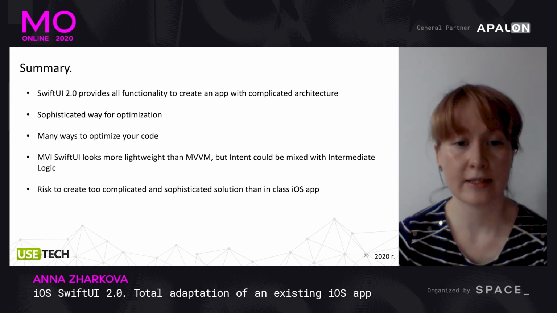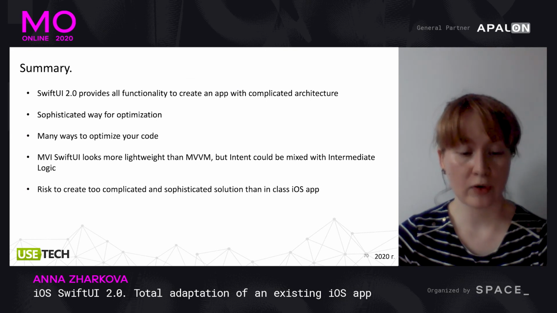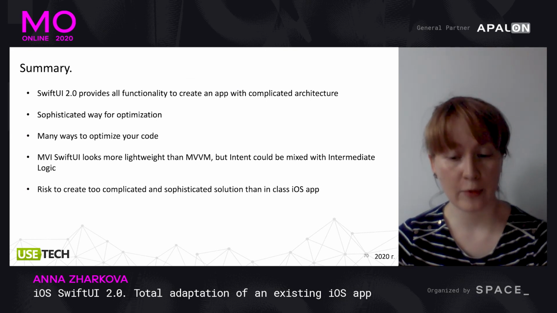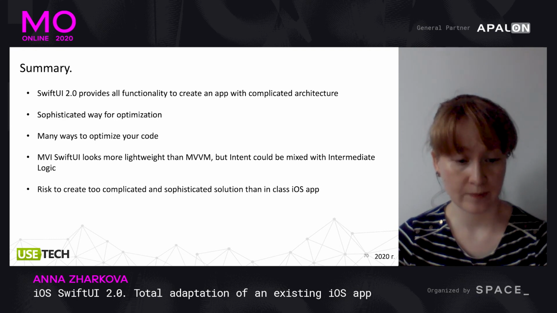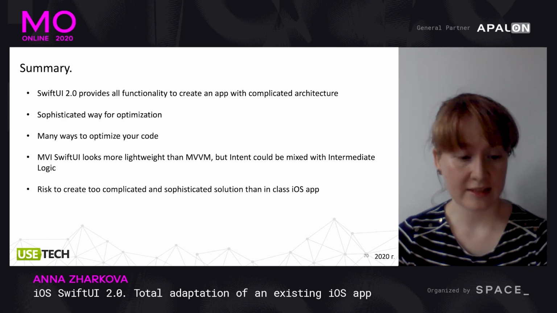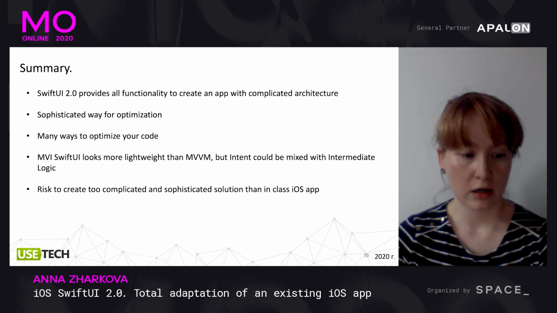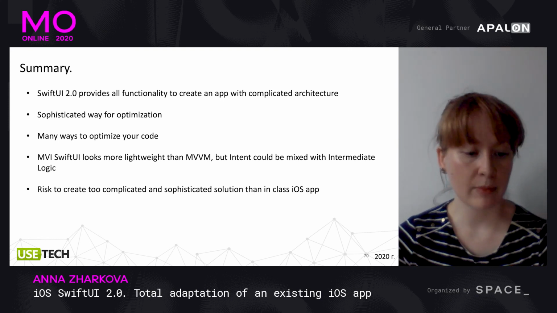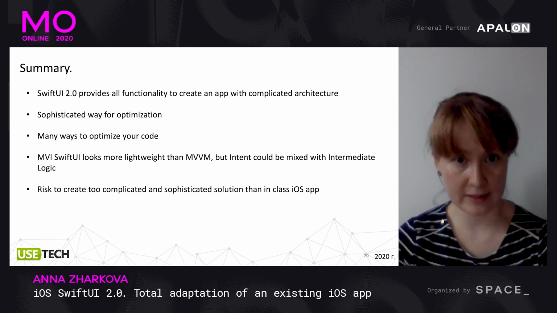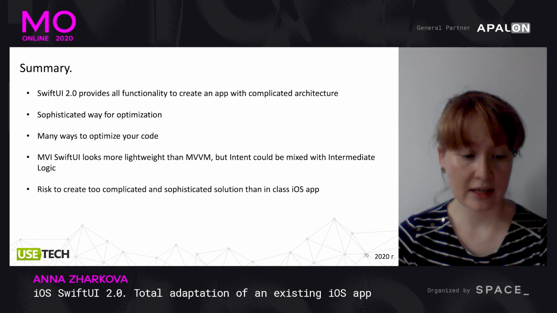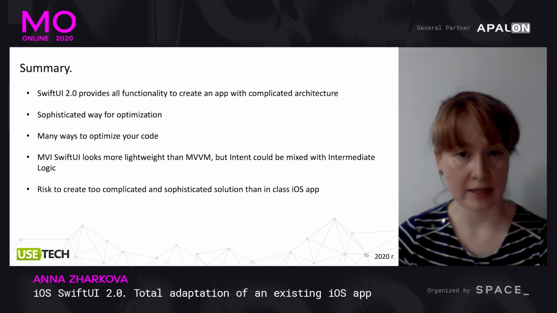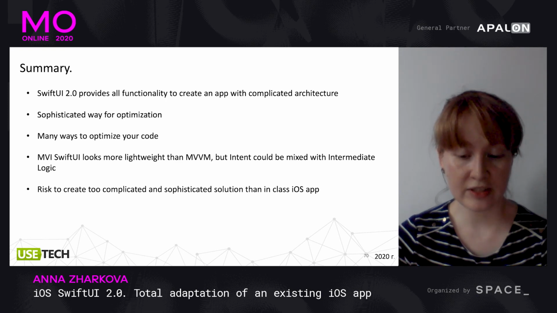Let's summarize. SwiftUI provides functionality to create an app with complicated architecture. It is sophisticated in terms of optimization, but we can do optimization in many ways. MVI in SwiftUI looks more lightweight than MVVM, but intent could be mixed with intermediate logic.